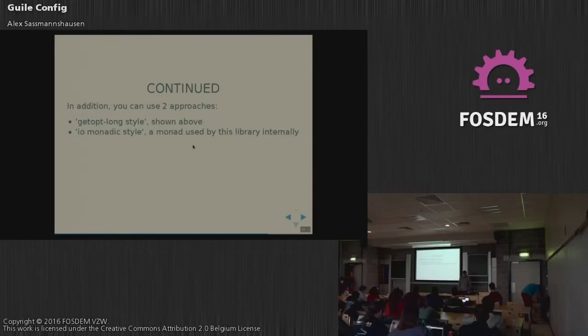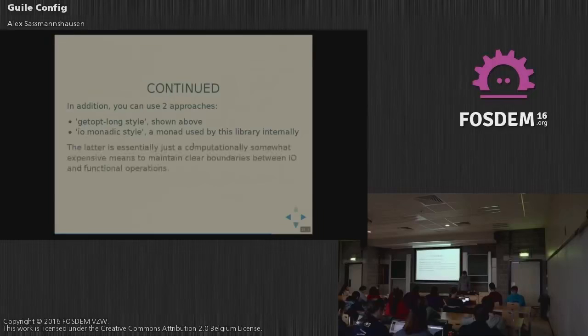The I/O monadic style builds on Ludovic's implementation of the monad functionality in Guile, which he uses for Guix. I'm using it for something else. And it's basically just because Guile supports I/O operations natively, so it doesn't really need it. But it's a somewhat computationally expensive way to maintain in your head clear boundaries between I/O and functional operations. Whether it's useful is up to you. I think it's quite useful, but you could say that the price is too high.